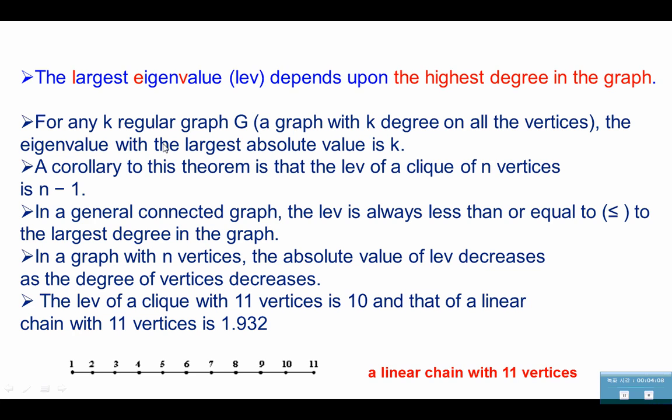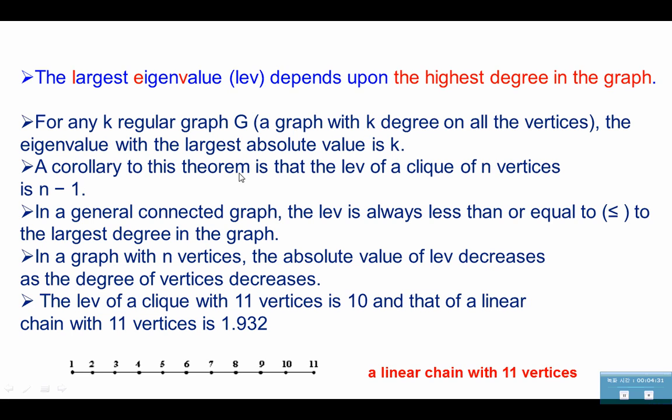The largest eigenvalue, LEV, depends upon the highest degree in the graph. Largest eigenvalue depends on the highest degree of the vertices. For any k-regular graph G, the eigenvalue with the largest absolute value is k.